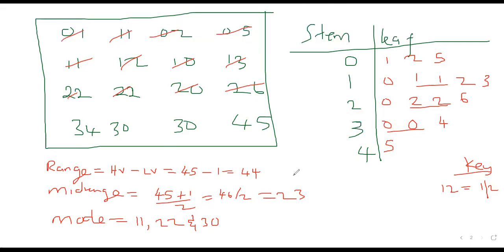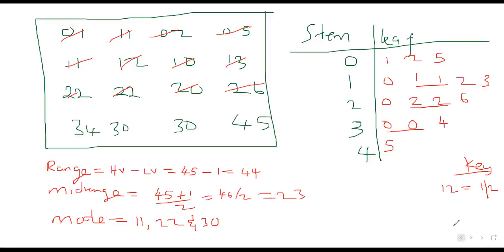Who remembers how to find the first quartile? First, we need to find our n. There's the first quartile, the second quartile, and the third quartile. Our n is what? Count them: 1, 2, 3, 4... So our n is 16 in total.